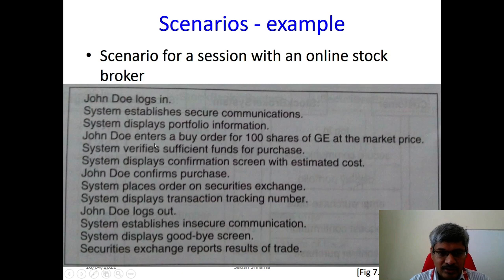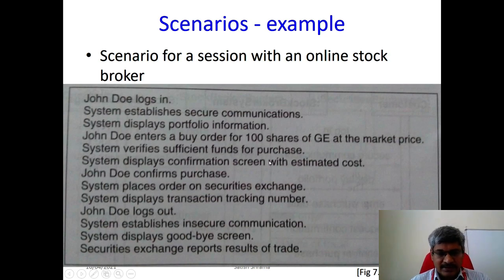Then John Doe enters a buy order of 100 shares of General Electric (GE) at the market price. The system verifies whether there are sufficient funds for the purchase, then displays a confirmation screen with the estimated cost. Then John Doe confirms the purchase, and the system places the order on the securities exchange.